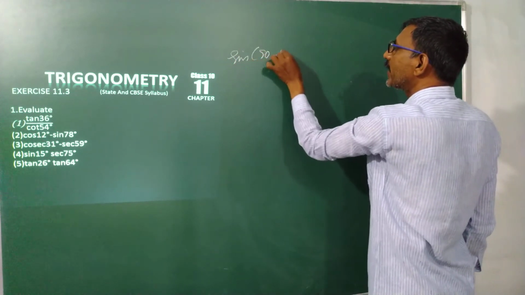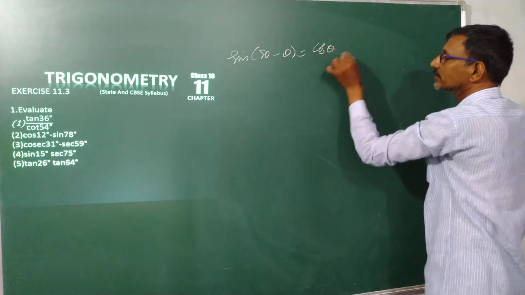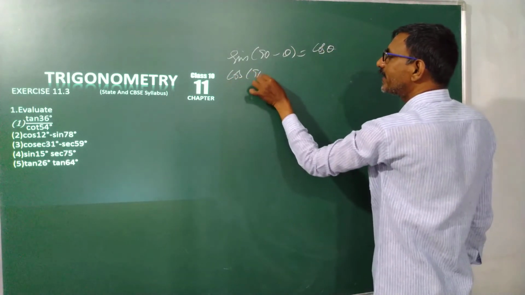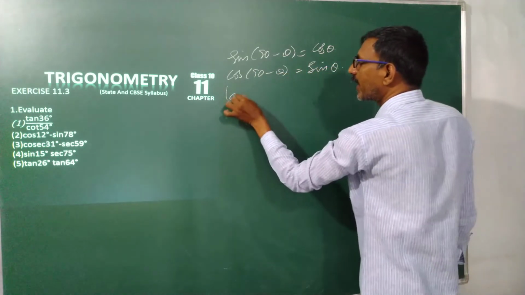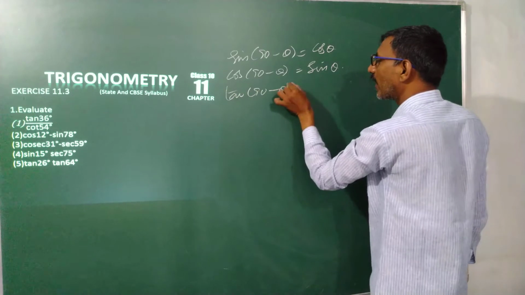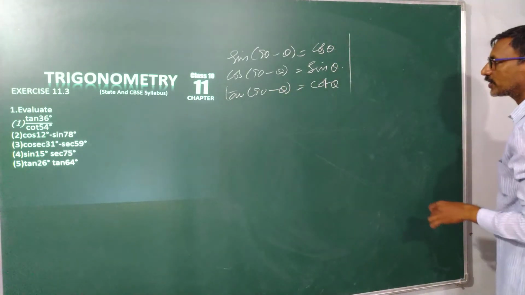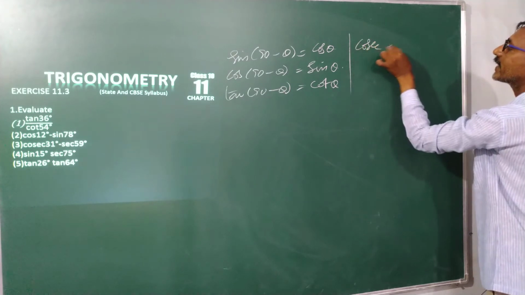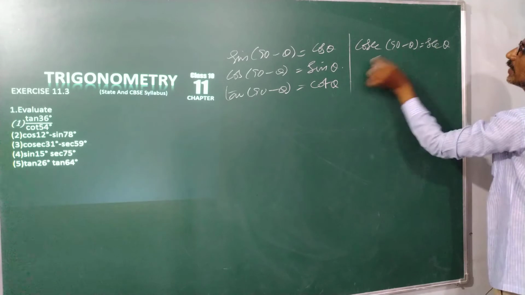Now see complementary angles. Sine of 90 minus theta is always equal to cos theta. Cos 90 minus theta is always equal to sin theta. And tan 90 minus theta is always equal to cot theta. And also we studied cosec 90 minus theta is always equal to sec theta.